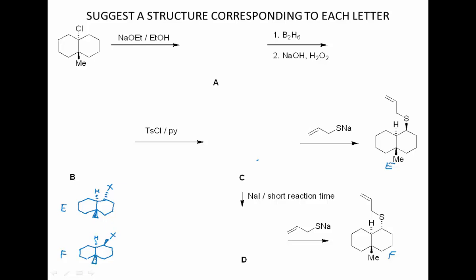And this we know because the SN2 reaction goes with inversion of configuration. As far as what is X, is it a halide or a tosylate, you can sort of get a clue that X is going to be a tosylate by the reaction that's producing B and C. All right, so B is probably going to be an alcohol, and C is going to be a tosylate.